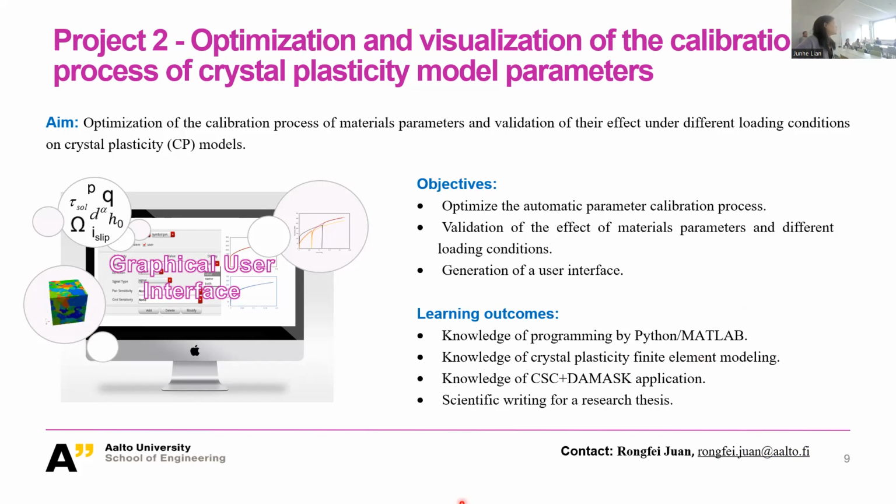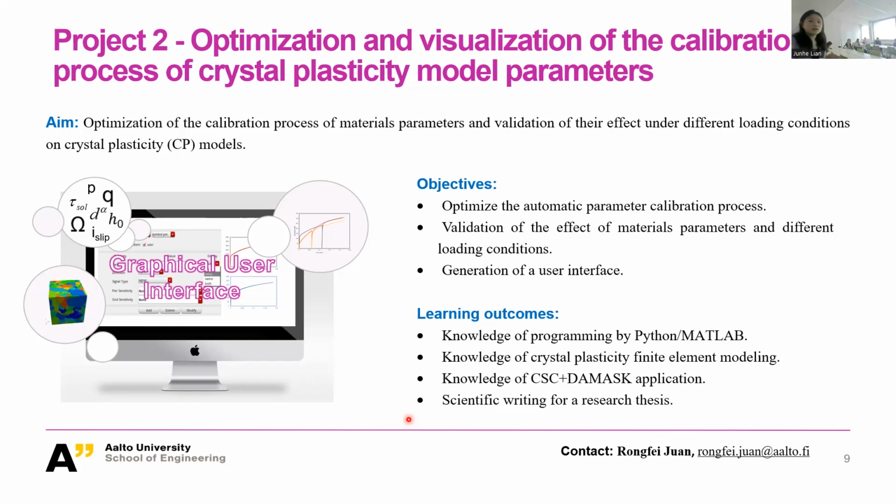In total we have 3 objectives. The first one is to optimize the automatic parameter calibration process. We now have an automatic parameter calibration process, created by Ping and by the last COE project group 1, and Ping has helped us to optimize it again.